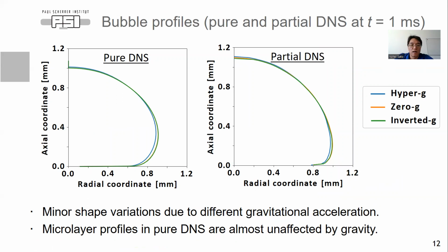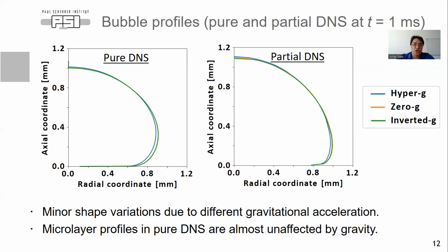Bubble profiles. The left figure shows the bubble profiles at 1 millisecond using pure DNS, and the right figure is partial DNS. And in each picture, you can see three lines: the blue one is the 10G case, orange is 0G, and inverted G is -1G.